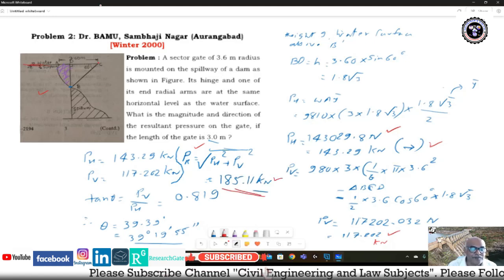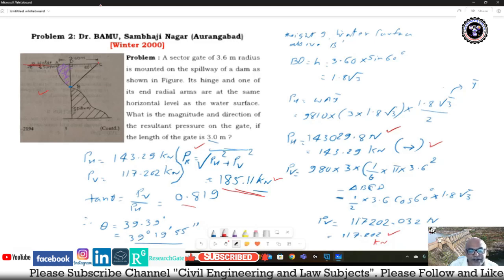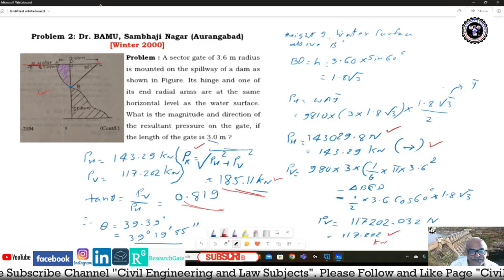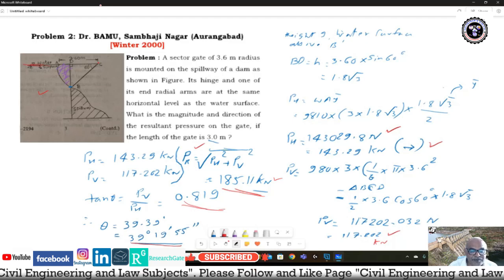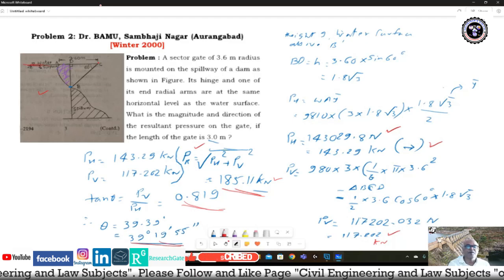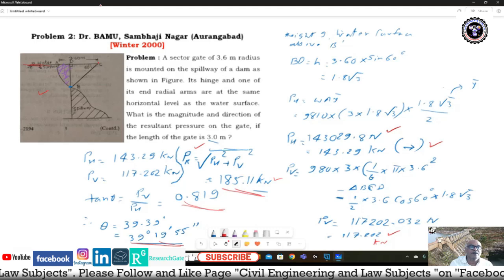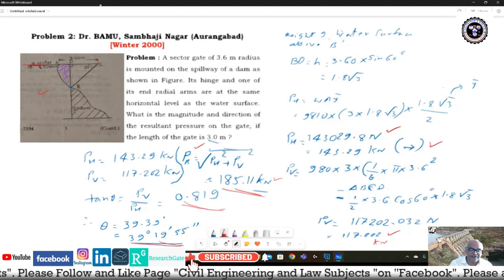PV upon pH gave 0.819 as tan theta, and theta as 39 degree 19 minutes 55 seconds. So this is the second problem that we have solved here, based on the sector gate, asked in the university examination.